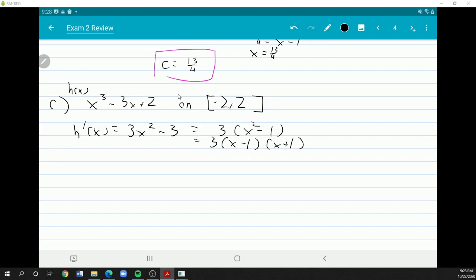What's our average rate of change? So h of minus 2, nope, start on the left. h of 2 minus h of minus 2 over 2 minus minus 2, although it doesn't matter. But 8 minus 3 times 2 is 6, plus 2 is 4.